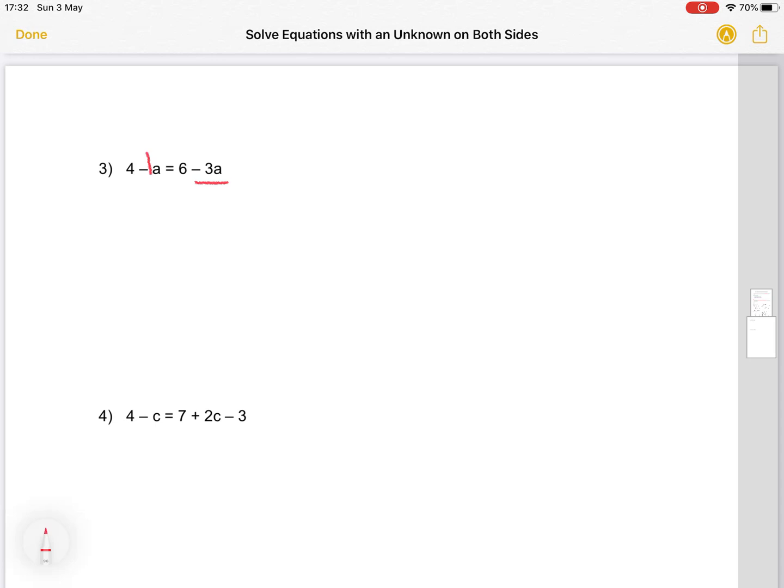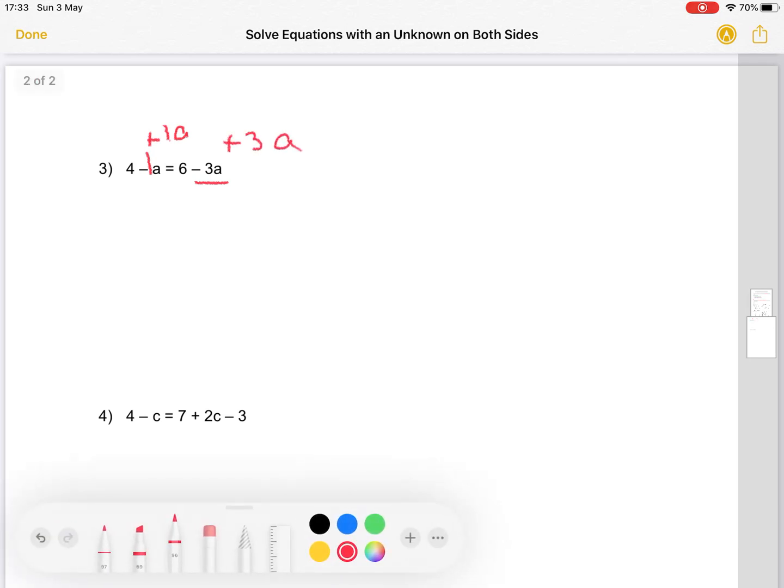To remove that -3a, I have to do the opposite. So I must add both sides by 3a. So plus 3a on the left and plus 3a on the right.